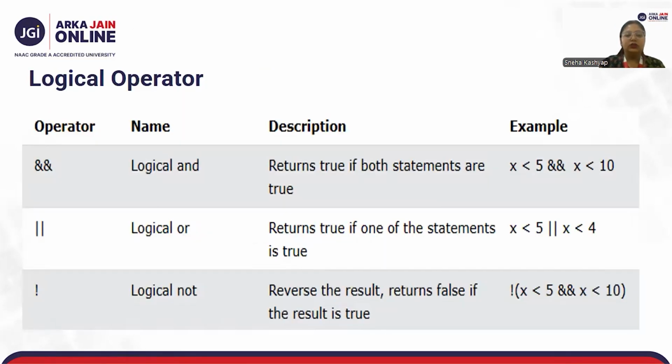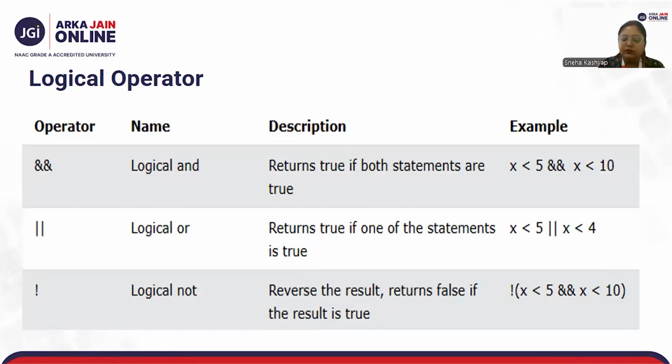Next we have logical operators. Now, logical operators are of three types: and, or, and not. If we are using logical and, it will return true if both the conditions are true, else it will return false. Logical or will return true if one of the statements is true.